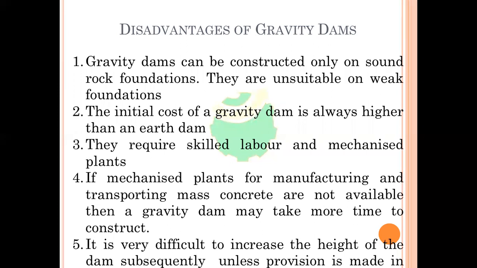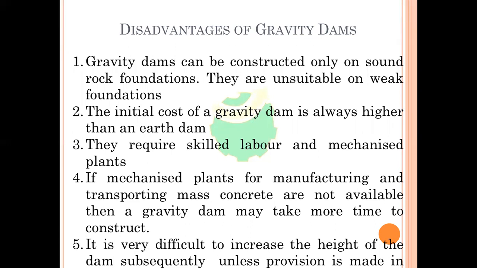If there are more benefits, there are also some disadvantages in gravity dams. They can be constructed only on sound rock foundations. They are unsuitable on weak foundations. The initial cost of a gravity dam is always higher than other dams.